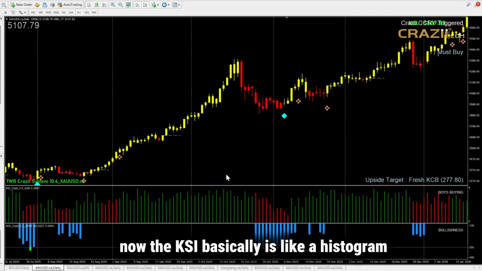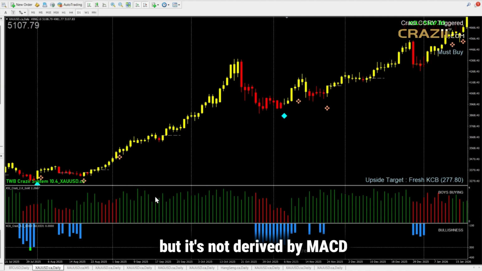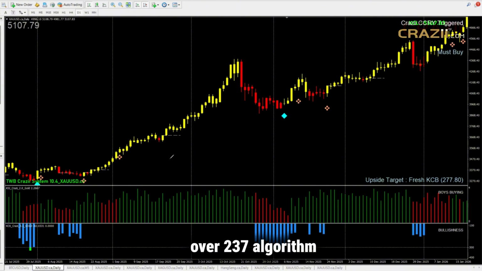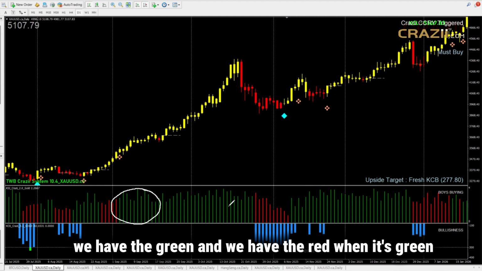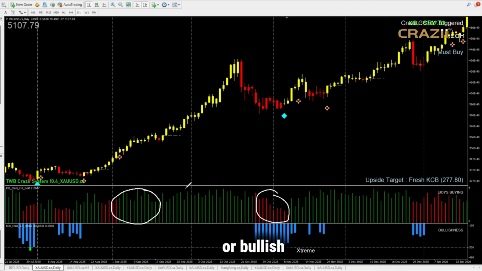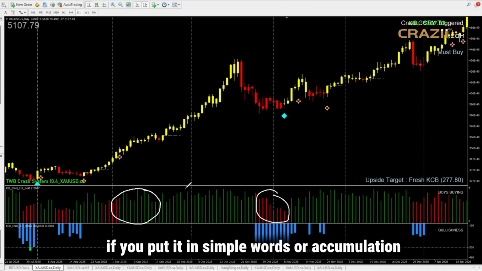Now, the KSI is basically like a histogram, but it's not derived from MACD. It's a fully proprietary indicator that tracks the big boy movement over 237 algorithm. The KSI has two colors, green and red. When it's green, that represents the boys are buying, or bullish, as you put it in simple words, or accumulation.